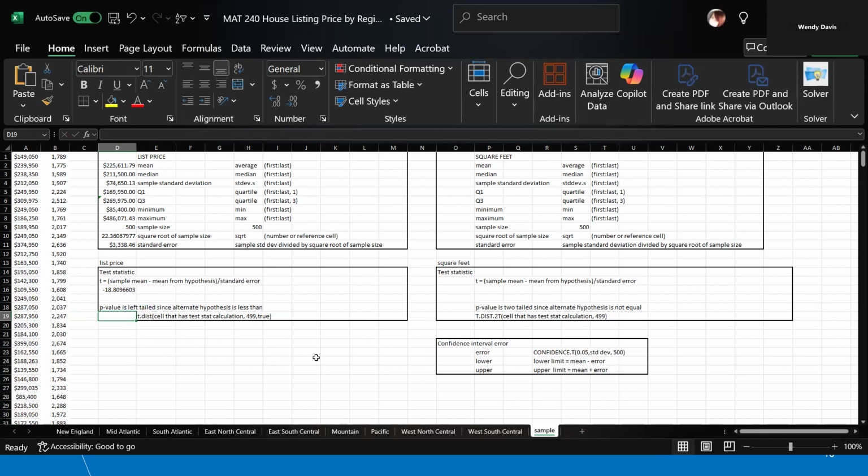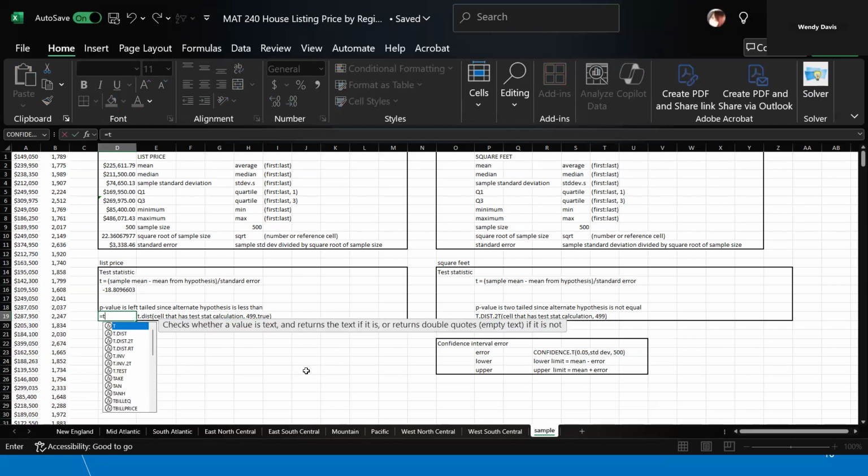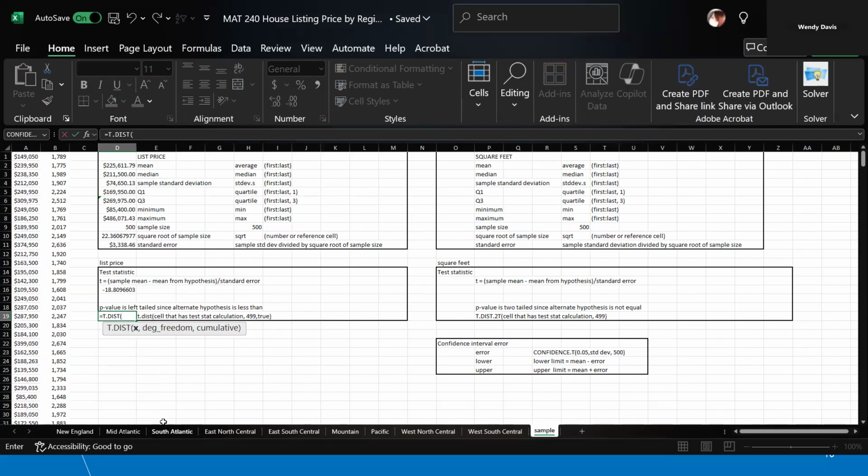Okay, the p-value is left-tailed because the alternate hypothesis is left-tailed. So this is equal the t-distribution, left-tailed. Okay, what are the arguments here? What do you put in?